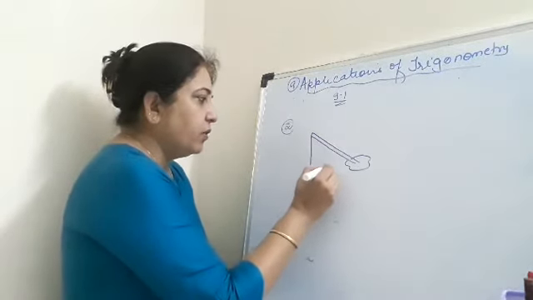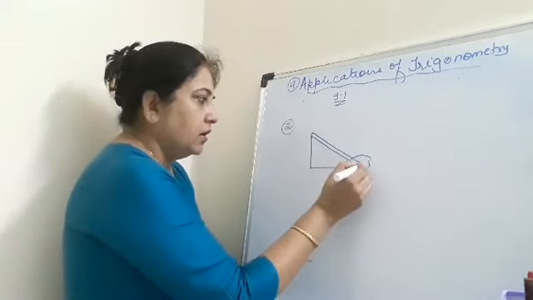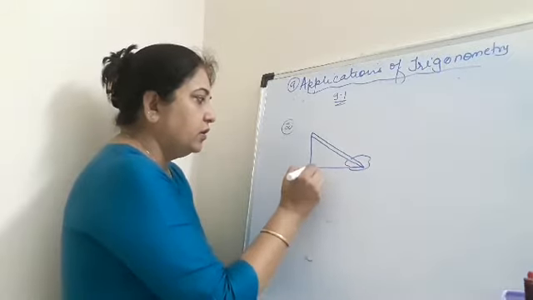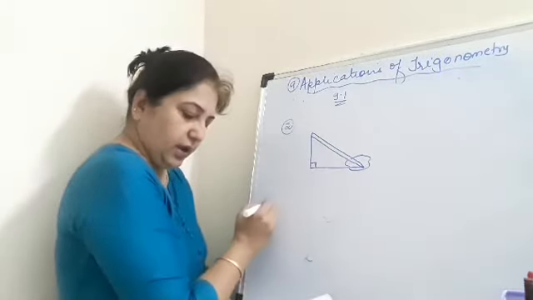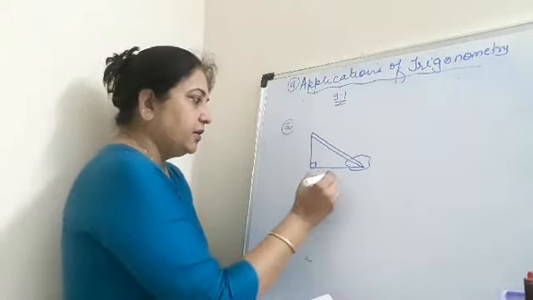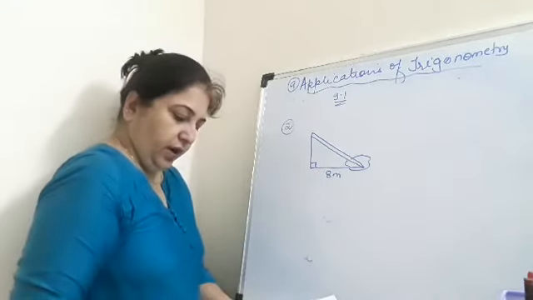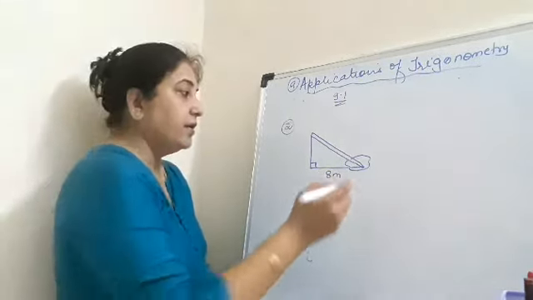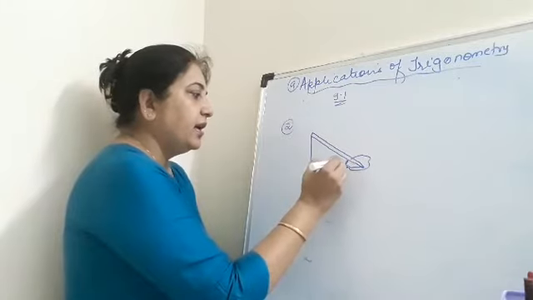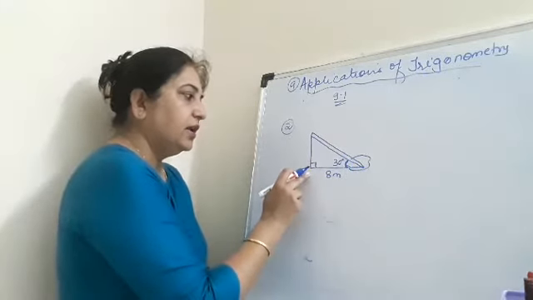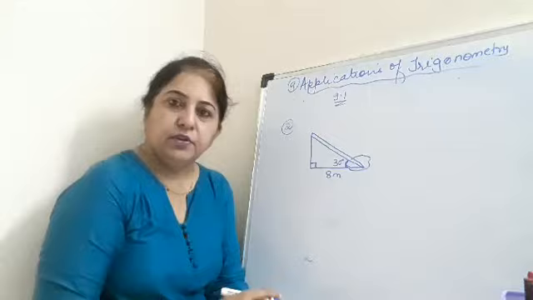The distance from this point to the horizontal level is given to you as 8 meters. The broken part of the tree makes an angle of 30 degrees with the horizontal level. You have to find the height of the tree.